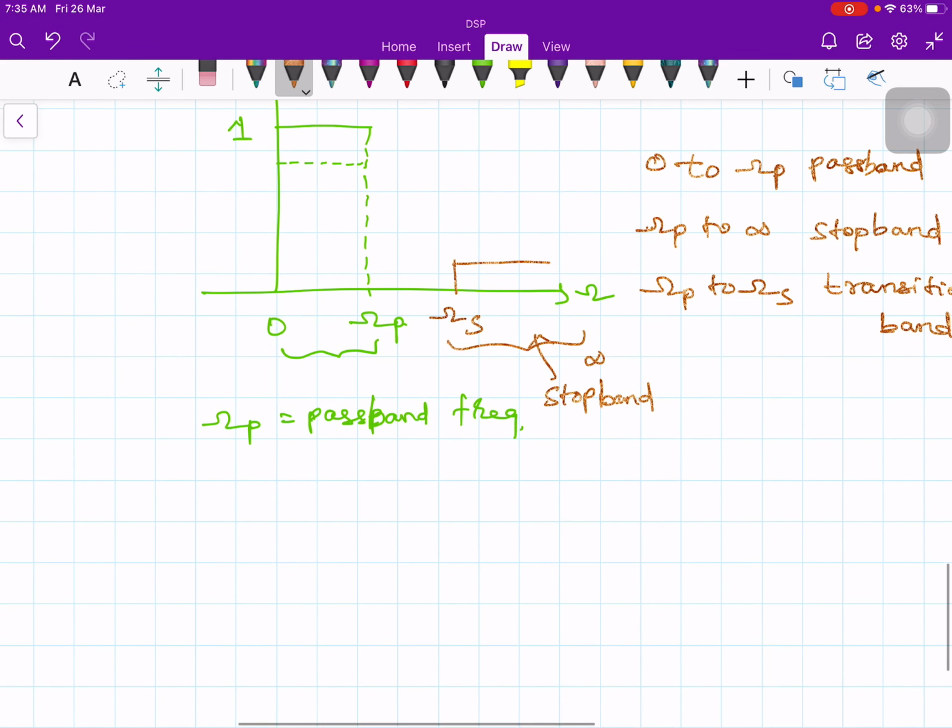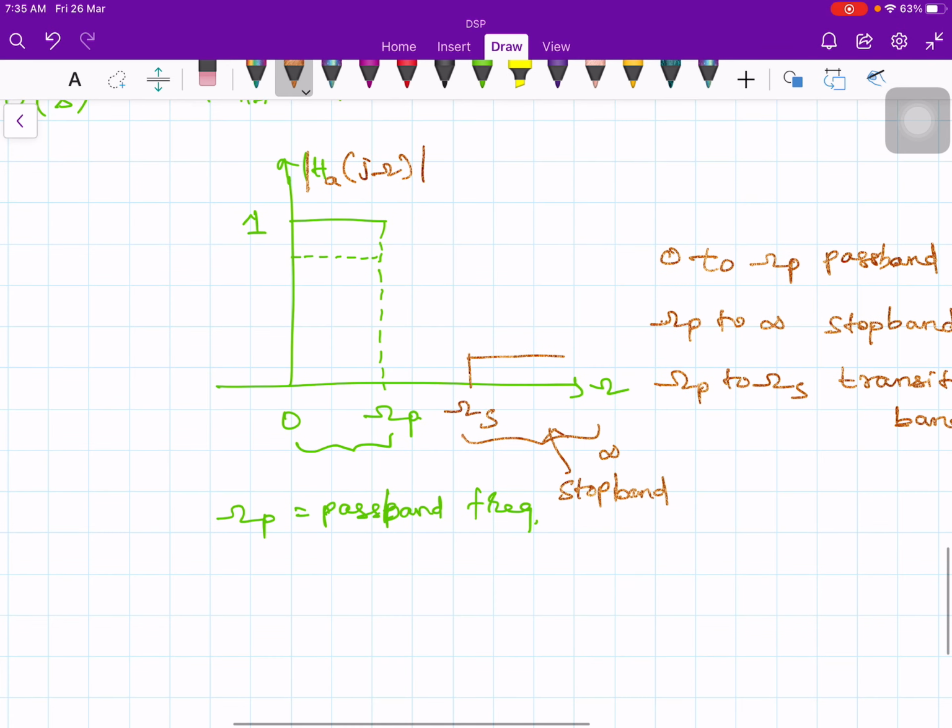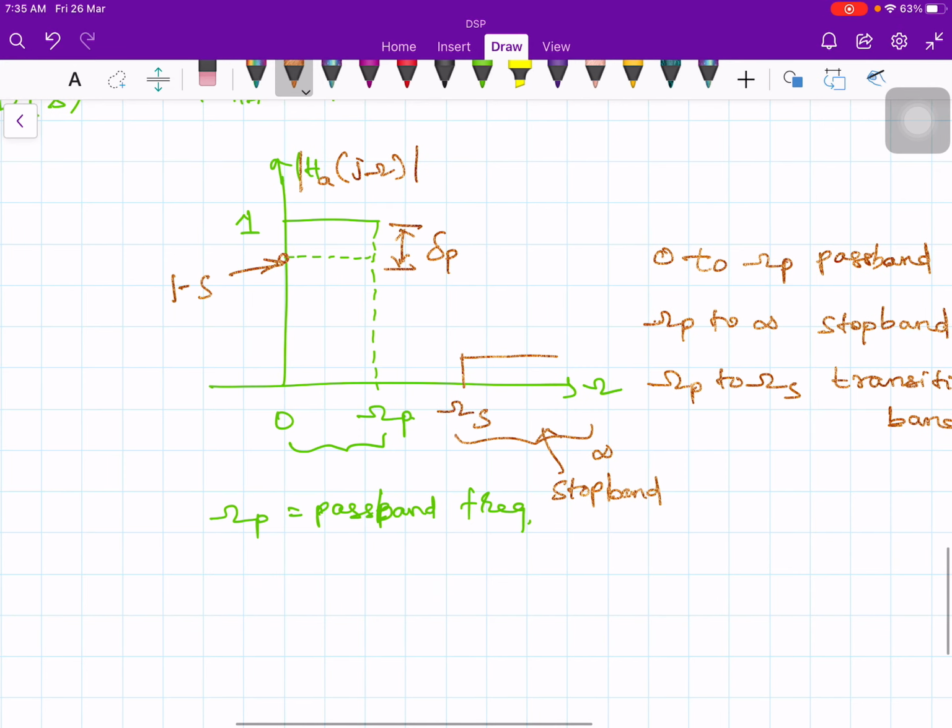Then there is a tolerance, let's say delta p, and this height is delta p. So what about this point? This point is going to be 1 minus delta p, where delta p is the tolerance in the pass band. So these are the specifications, and one should remember this.